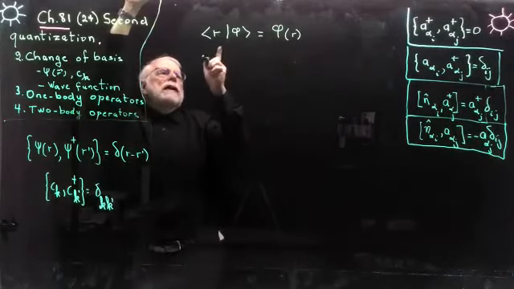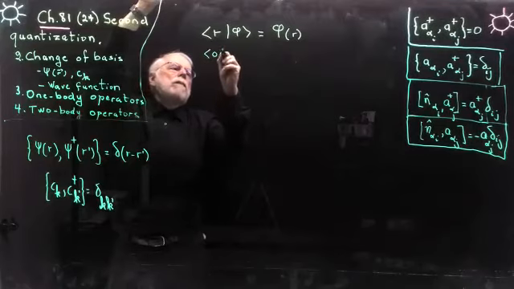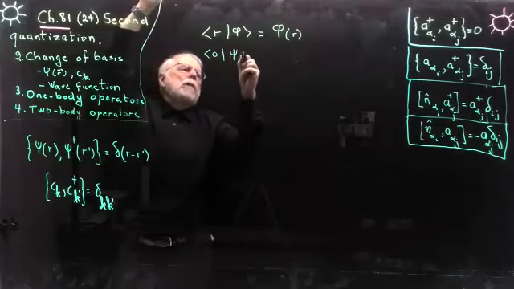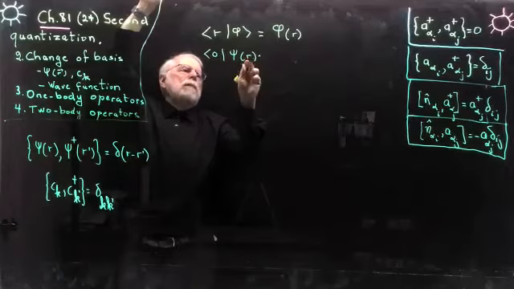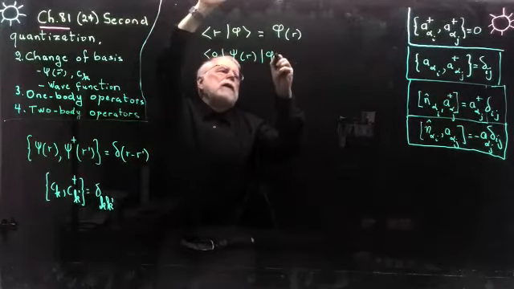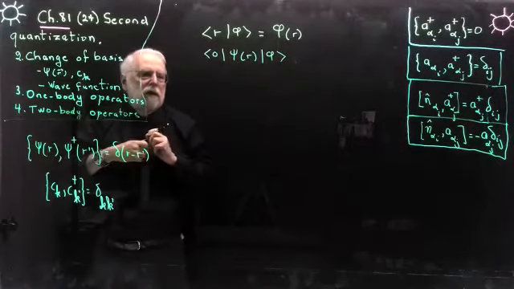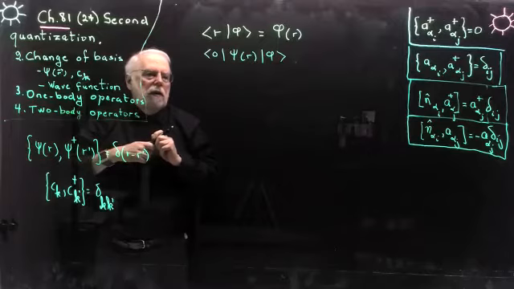Now in second quantization, what is this? In second quantization, I have the vacuum. I create a particle at position r in the vacuum, and I take the expectation with respect to phi.